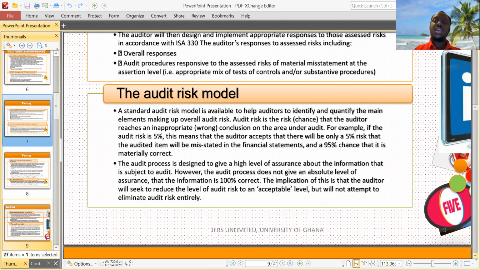The auditor deploys a technique called sampling. He samples a portion of the population and tests it. So the auditor does not give 100% assurance. They give a reasonable or high level of assurance based on the testing they've done. Please keep that in mind.